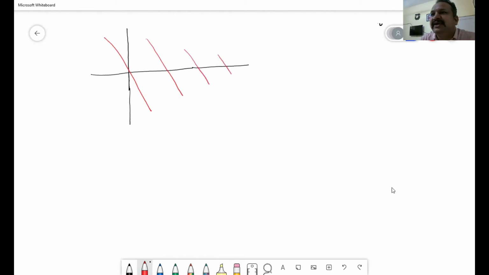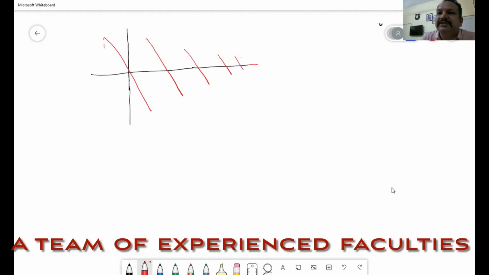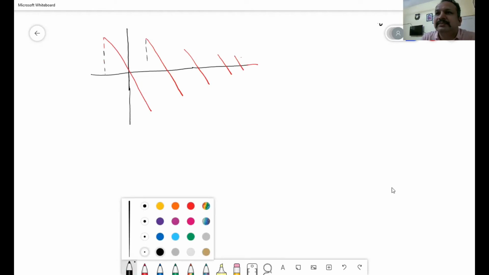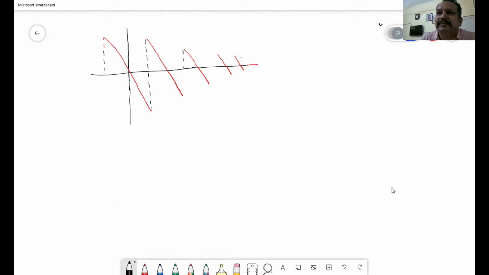Straight line is constant. So you will see over here, this is the time, just like this way.